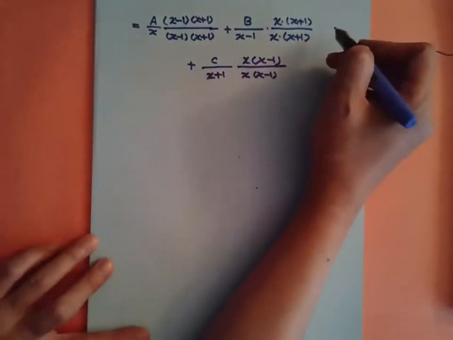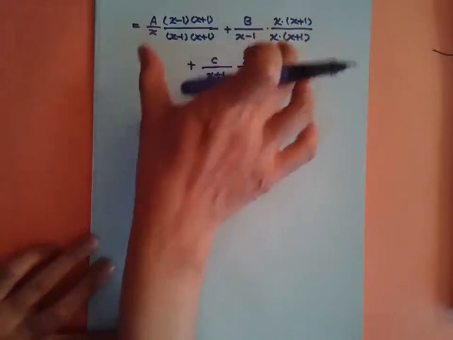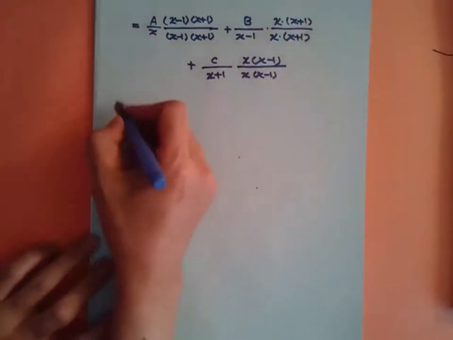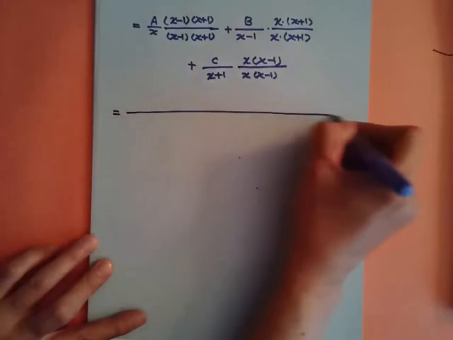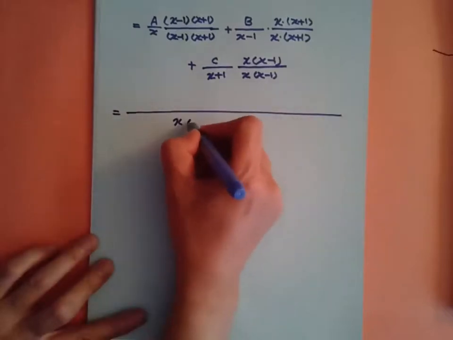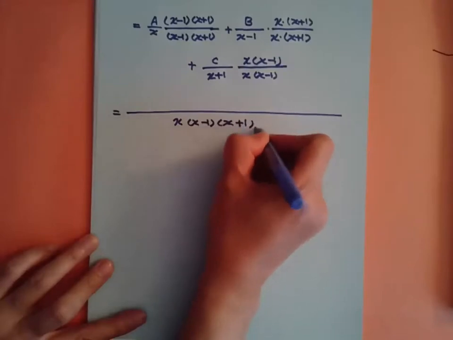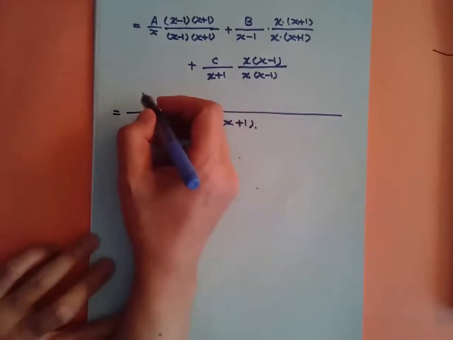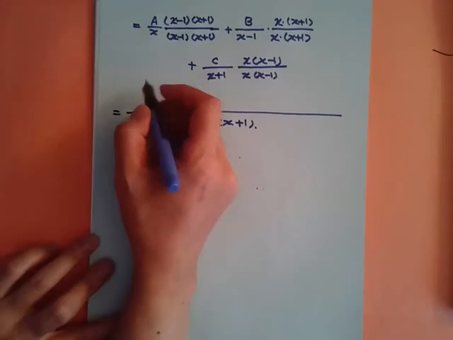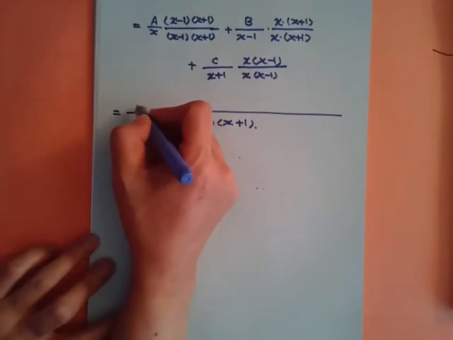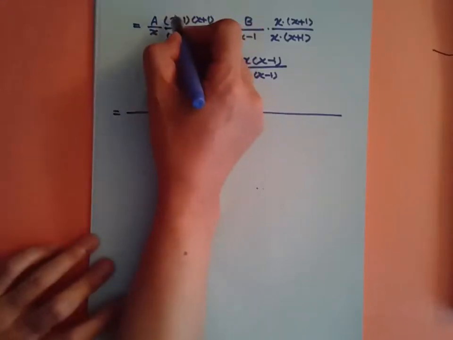After that, we will combine all those things which have a common denominator, x times x minus 1 times x plus 1. And then let's write everything down together. But let's just expand this out.